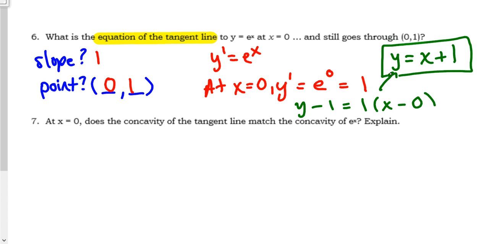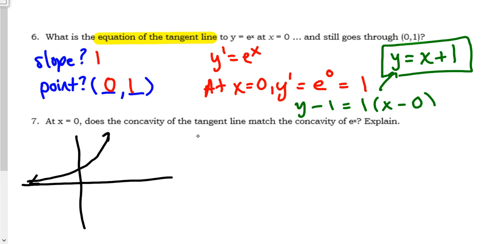Now, at x equals 0, does the concavity of the tangent line match the concavity of e to the x? Well, I don't really understand that question yet, but I know e to the x looks like this. And I know that tangent lines don't have concavity. They're lines. They're straight. They don't curve up. They don't curve down. They don't curve. They're straight, right?